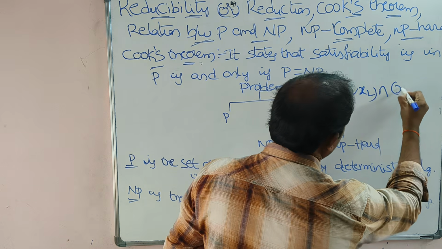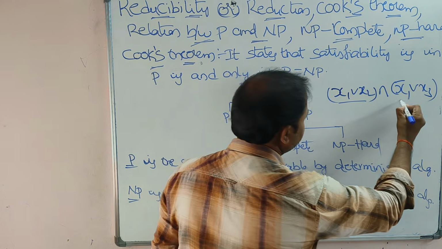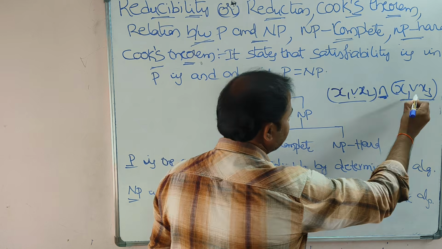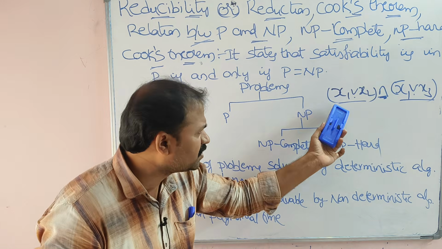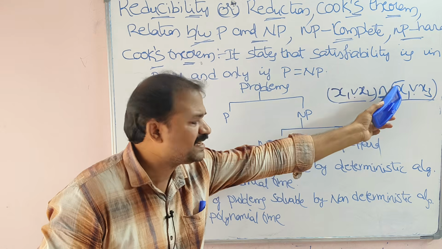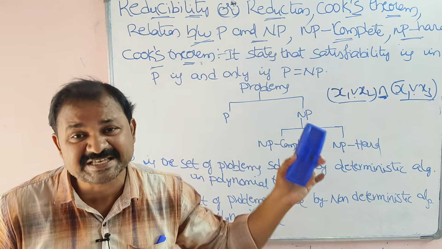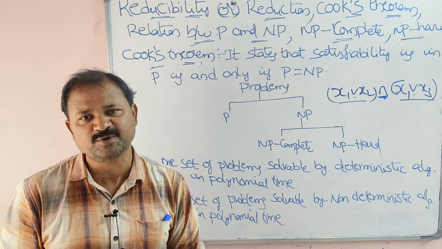Here this Boolean formula is in conjunctive normal form. So this is clause 1, this is clause 2. Between the clauses we have one symbol. Inside the clause we have the or symbol. So we can assign either true or false values to the literals of the Boolean formula. But our target is that the entire expression result must be true. So that is about what is satisfiability.